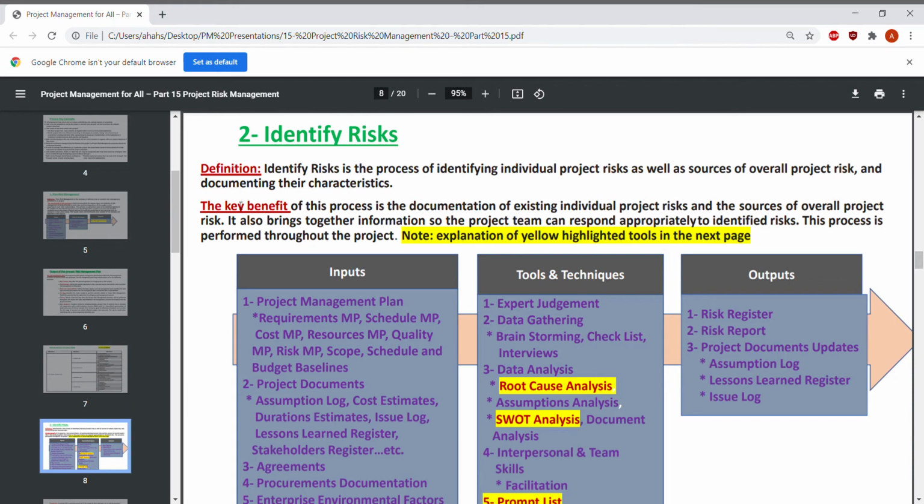The key benefit of this process is the documentation of existing individual project risks and the sources of overall project risk. It also brings together information so the project team can respond appropriately to identified risks.